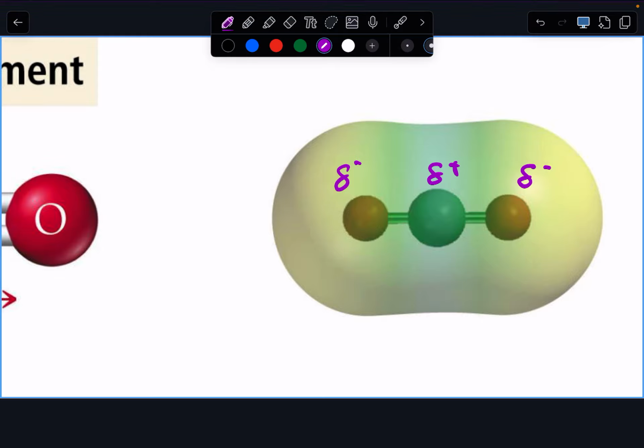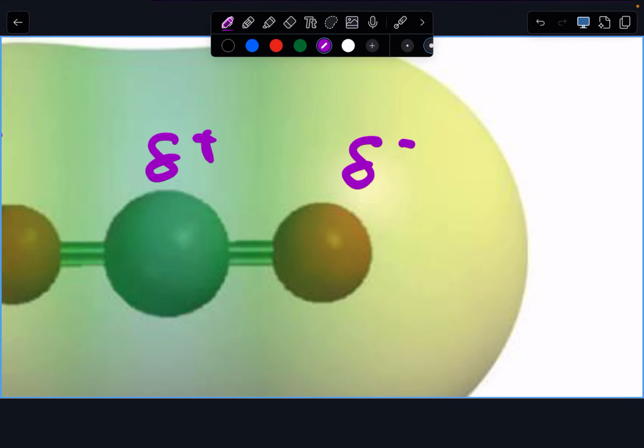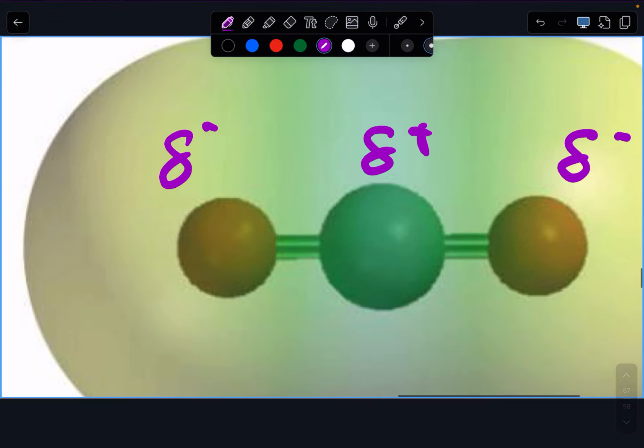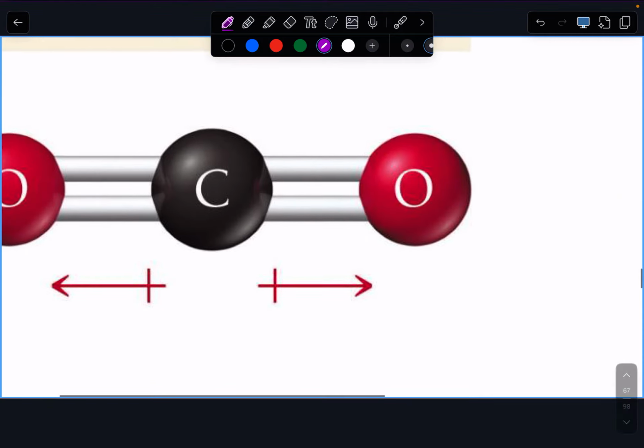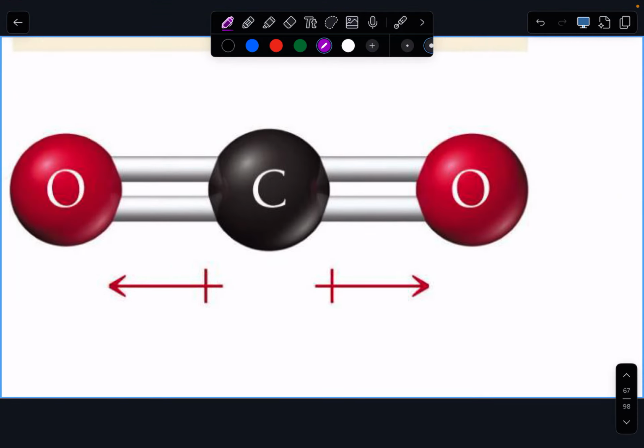Oh, sorry, we're just looking at the first side of the molecule first. You're going to get partial negative charge on the oxygen and positive on the carbon. So we can represent that with one of these arrows pointing towards the oxygen. So this would be like carbon monoxide, just CO. But CO2 has two of these bonds, same size, but they're in opposite directions.